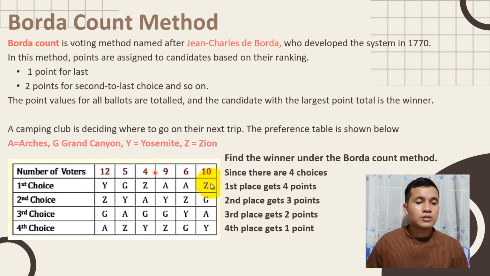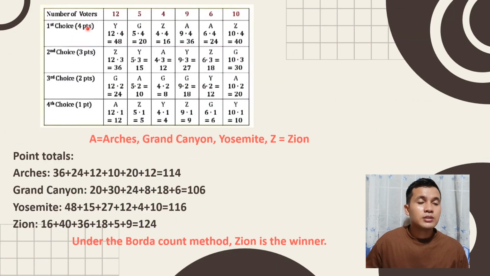So here you can see on the table, the first row is the number of voters, and the second row is the first choice. This one will get 4 points, the third row will get 3 points, the fourth row will get 2 points, and the last one will get 1 point. To elaborate further, the number of voters in the first row are 12, 5, 4, 9, 6, and 10.